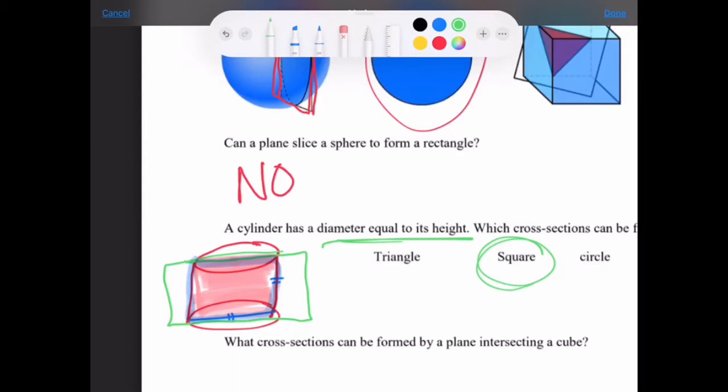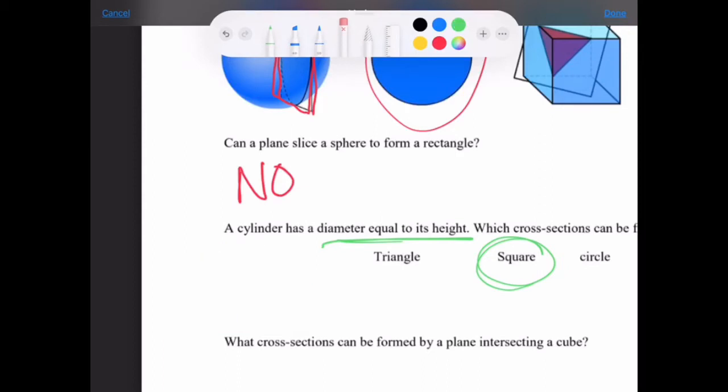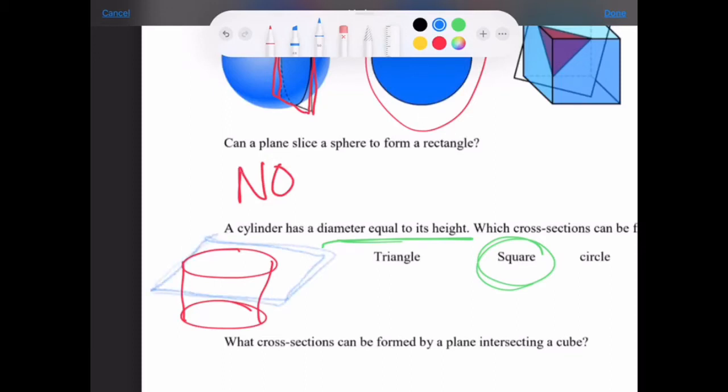All right, can I cut a circle? All right, here, let me redraw this quick. So now we have a cylinder. Can I get a circle out of it? Yeah, of course. Say I cut it sideways. Like this. This is what my cut looks like, the plane I cut across. When I cut it, the slice I end up with is going to be like this. Right?